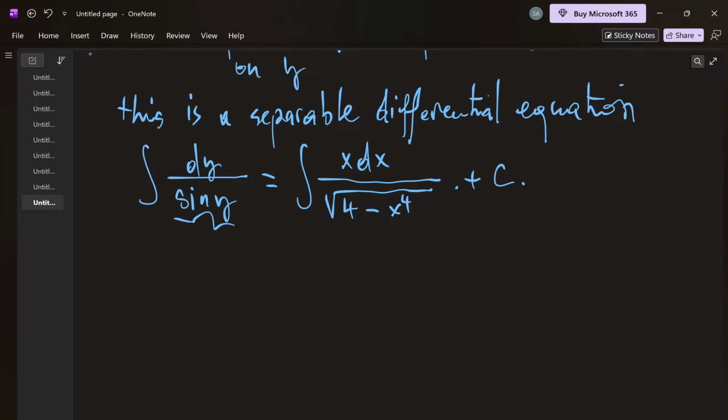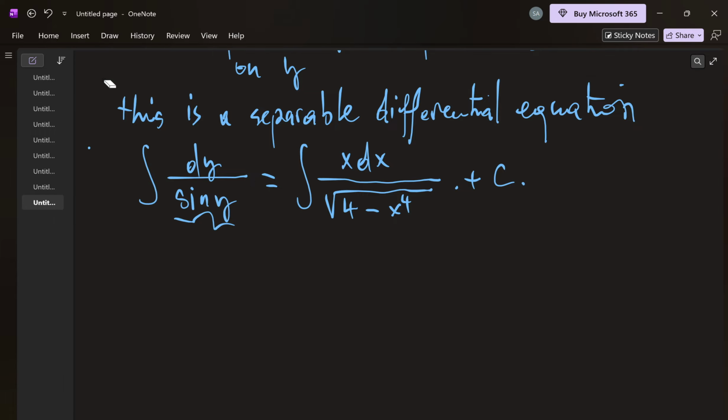Yes, to compute this type of integral, it is not of the type y prime over y. So here we need to make a change of variable so that the sine y will become a polynomial of some other variable that we can integrate later. So we will use a change of variable.